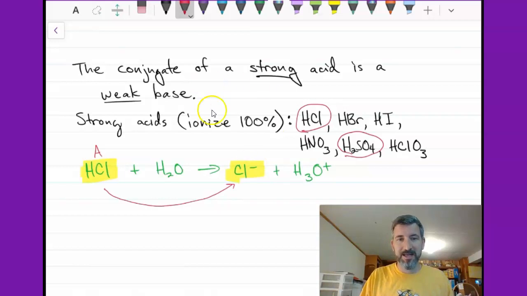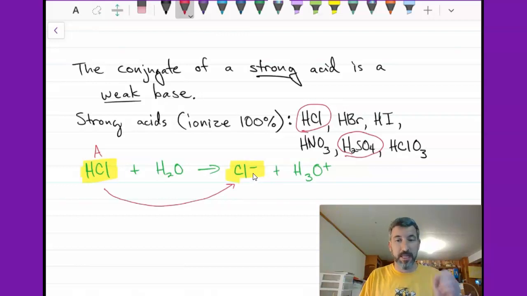In other words, yes, the right side of this equation is set up to go in the other direction, where the hydronium could act as an acid and give an H to the Cl minus and push the reaction back in this direction to make HCl and H2O again. But because that chloride is so much more stable without the H, then it just doesn't happen.